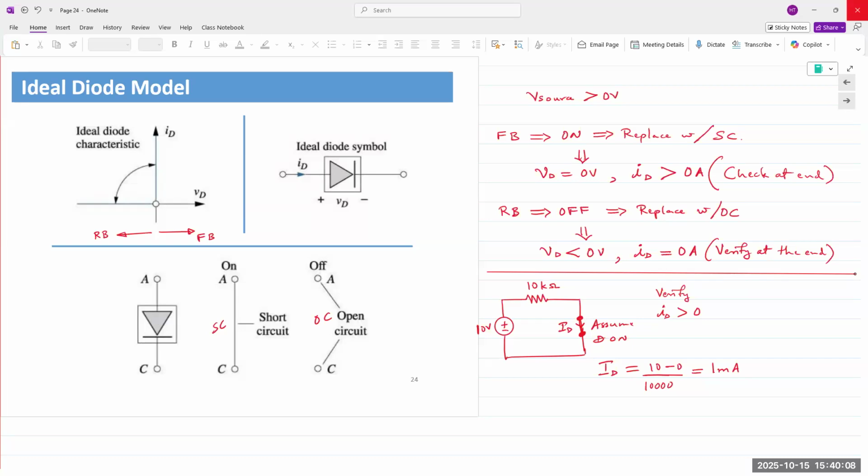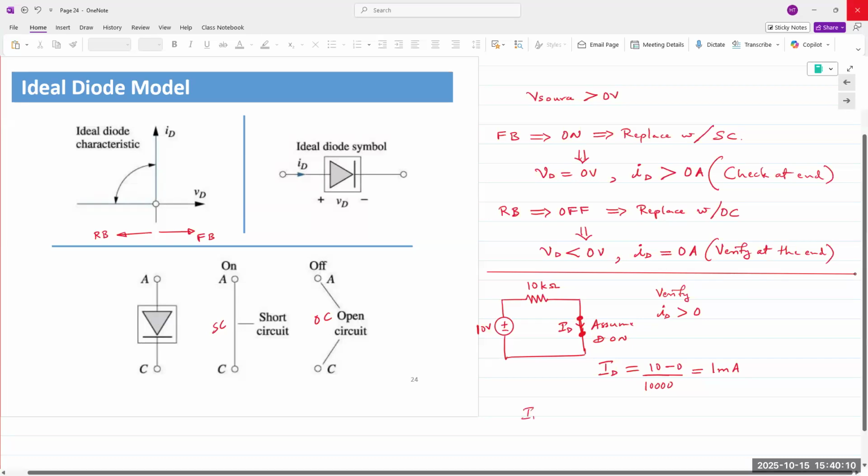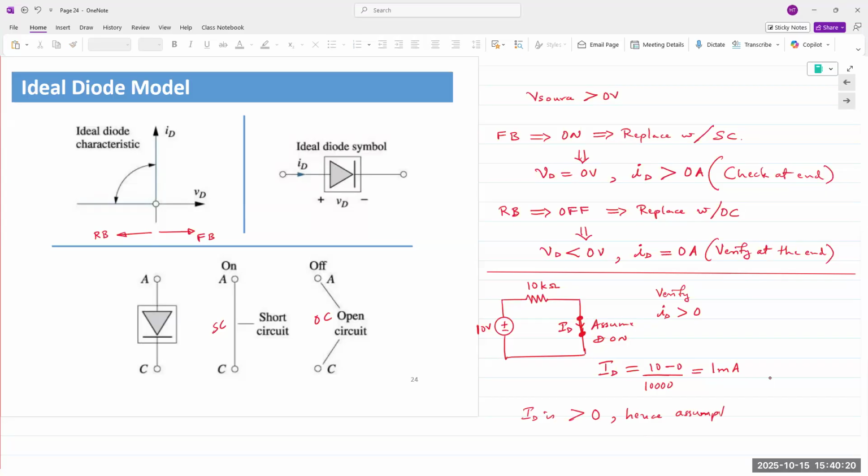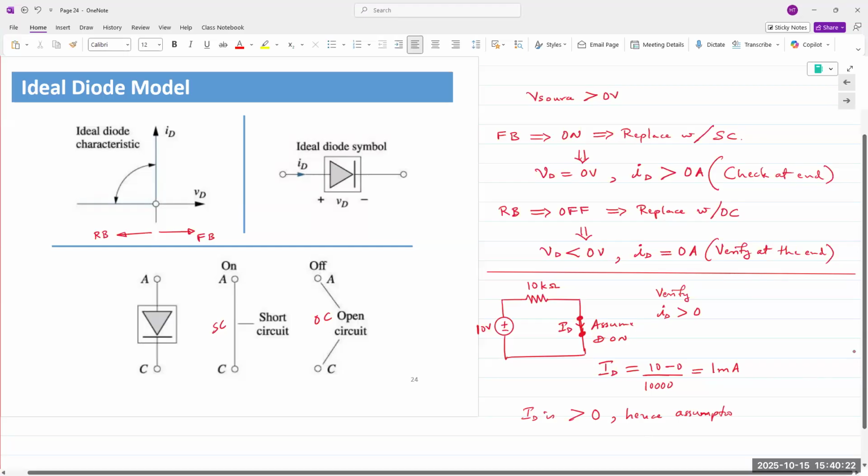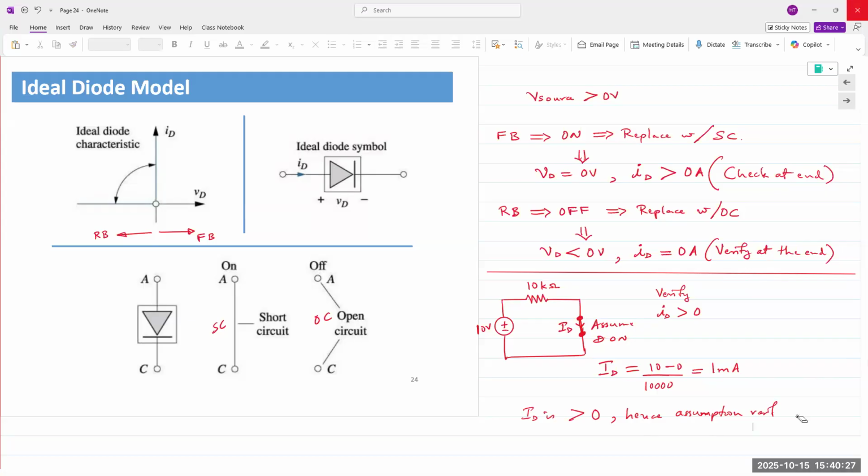And we realize ID is greater than 0. Hence, assumption is verified. And so our assumption is verified.